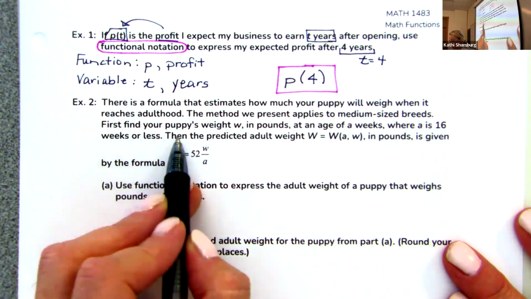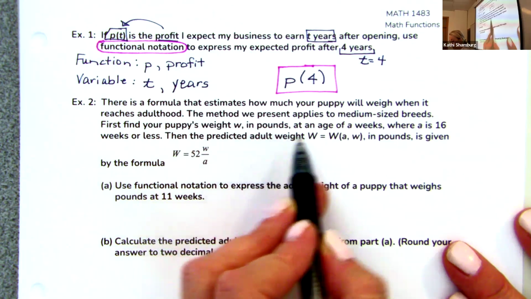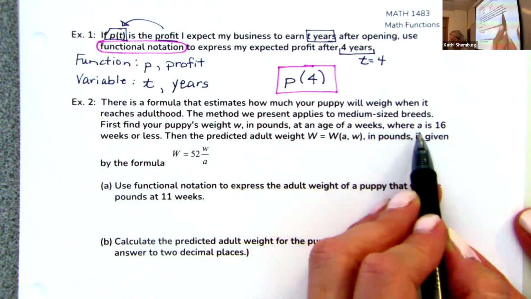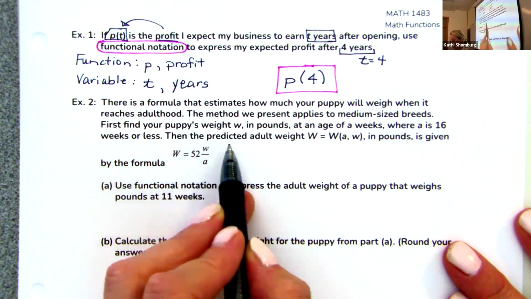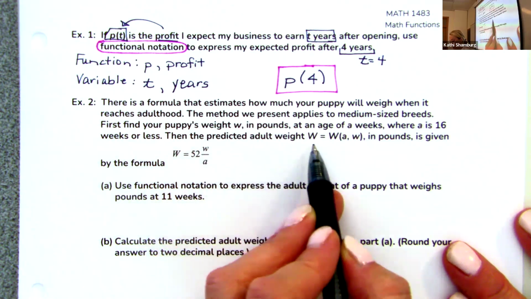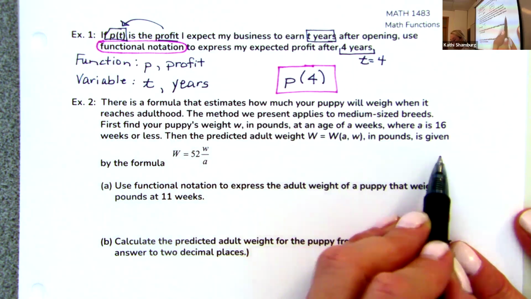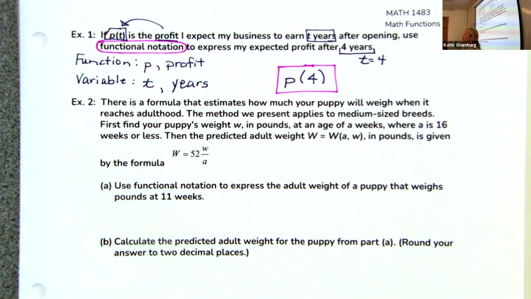First, find your puppy's weight, lowercase w in pounds, at an age of A weeks, where A is 16 weeks or less. Then the predicted adult weight, W equals W of A, comma, W in pounds, is given by the formula. Okay, so you start reading that, and I get it. You can start feeling bogged down with that, right? So we're going to break it apart.